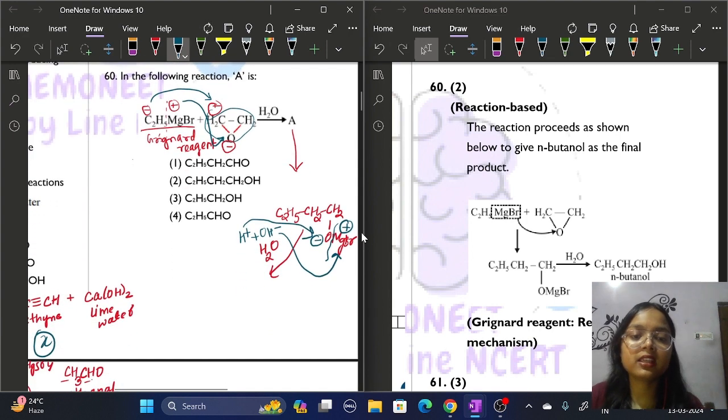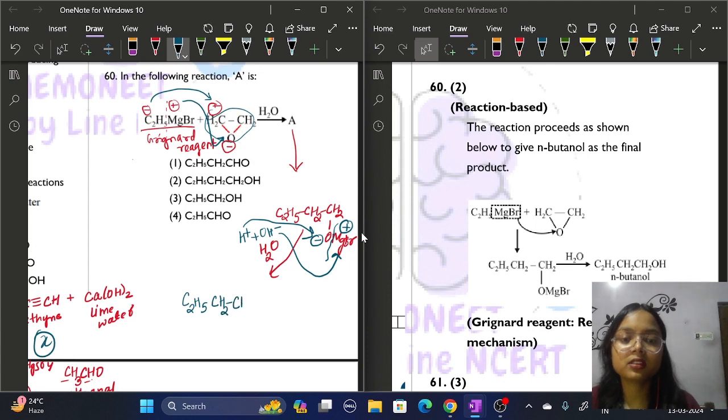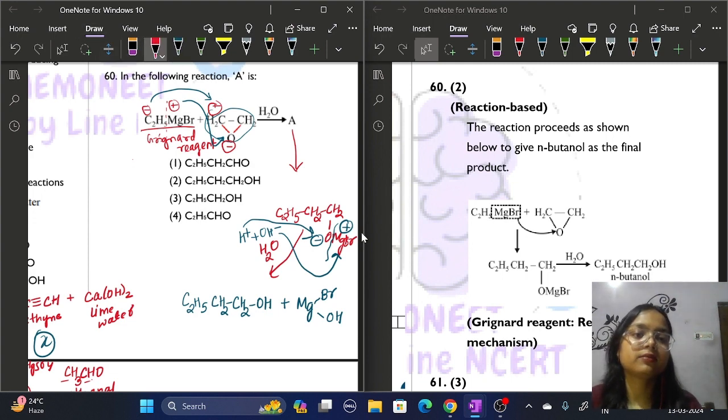So what will be the answer? C2H5CH2CH2OH and MgBrOH. So these two compounds will be formed. Upon seeing the options, which one is the correct one? 2 carbon, 3 carbon, 4 carbon. So option 2 will be correct.